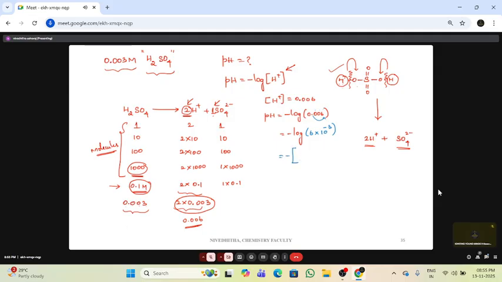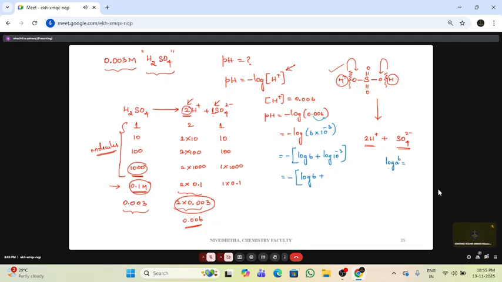Now we know the formula, right? Log A into B can be written as log A plus log B. Am I right, Kana? Yes, ma'am. Now I'm going to write this as log 6 plus log 10 power minus 3. This is similar to log A power B, right?